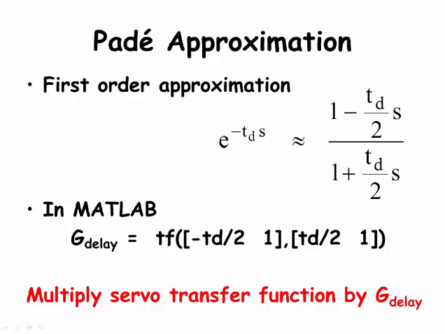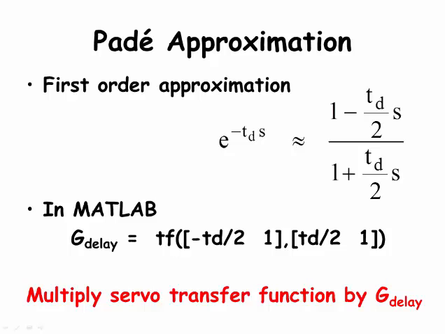The first-order approximation in the Laplace domain is 1 minus td over 2 times s over 1 plus td over 2 times s. The terms are the same, but the numerator has a minus sign and the denominator has a plus sign. The MATLAB expression to define the first-order Padé transfer function is also shown on the slide.